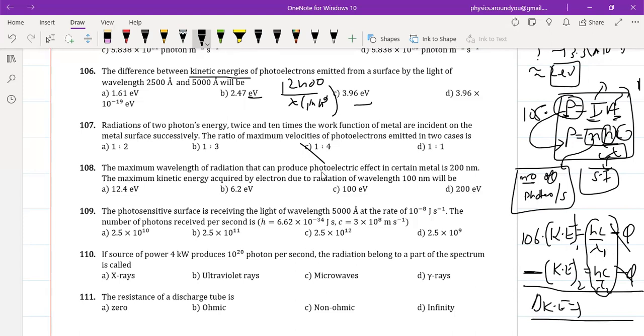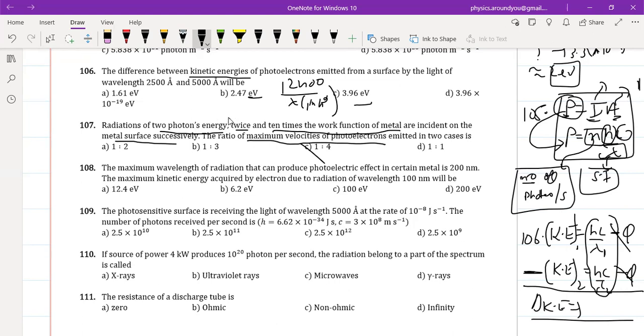Now question 107. Radiations of 2 photons, energy twice and 10 times the work function of a metal, are incident on a metal surface successively. What is the ratio of maximum velocities of photoelectrons emitted in the two cases? Okay. First one is radiations of, there are 2 photons.